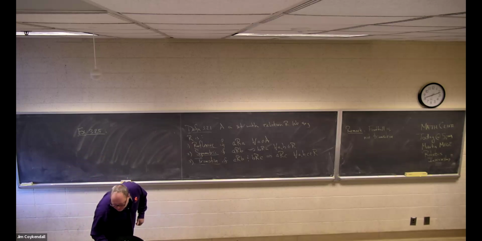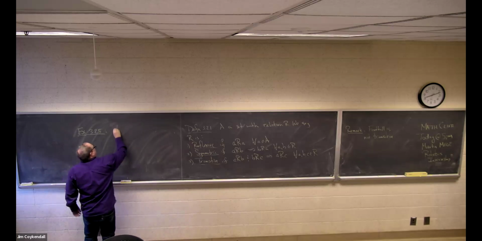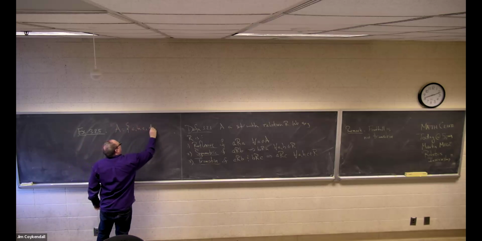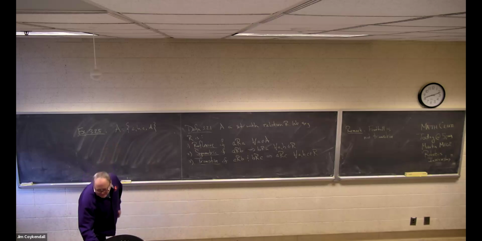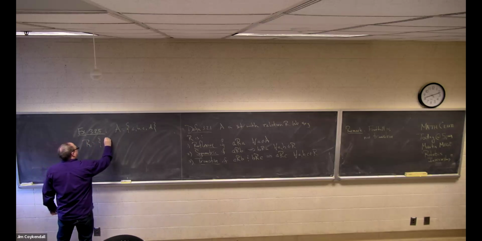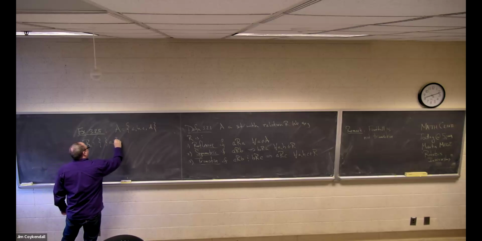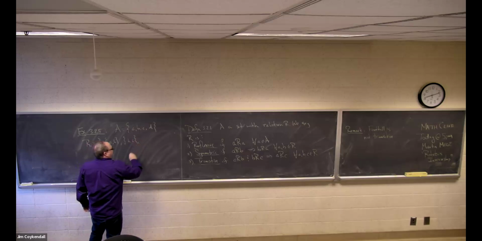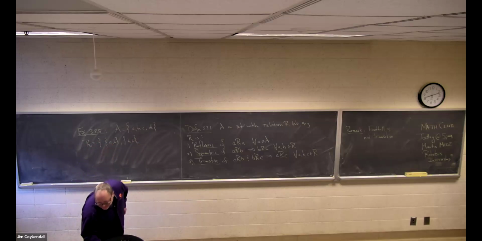Let me write down a couple of relations here. A is just some set with four things in it: A, B, C, D. I'm going to have two relations here. R1 is AB, BC, and AC.